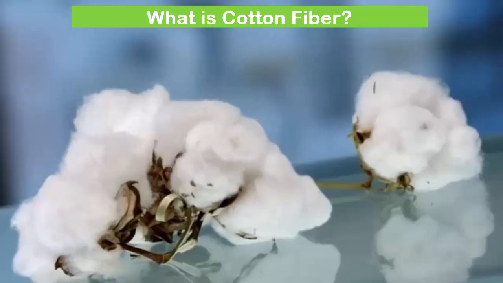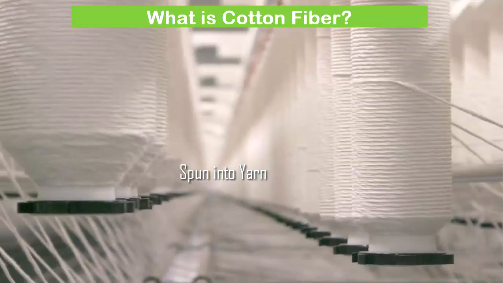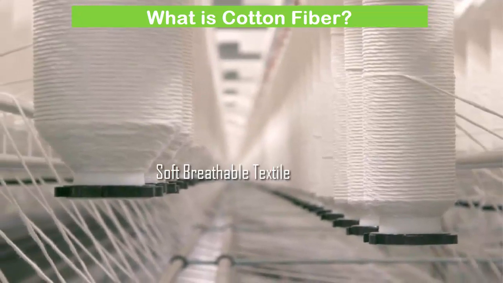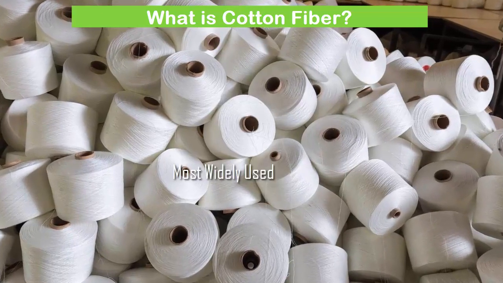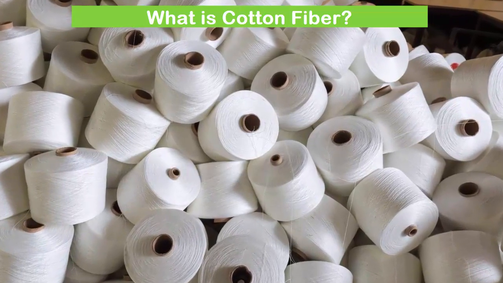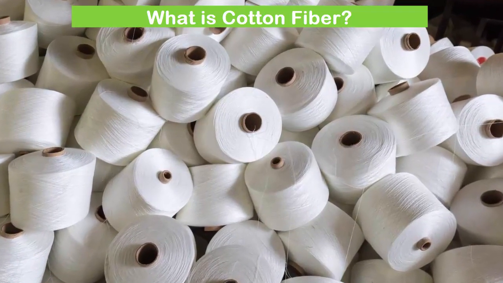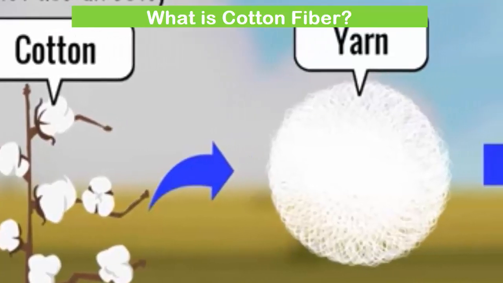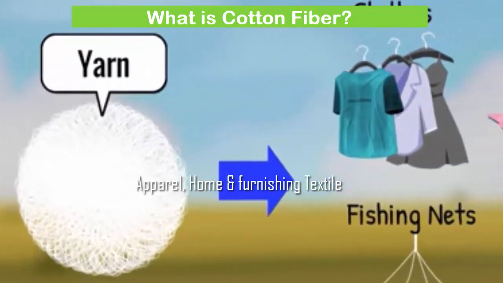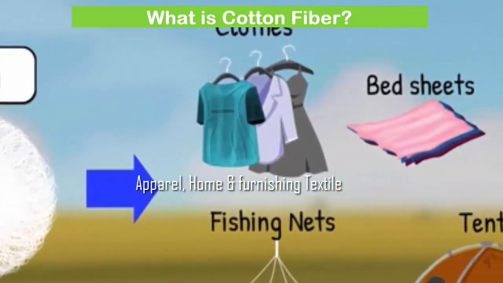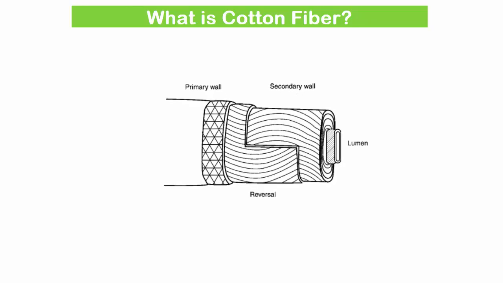The fiber is spun into yarn and used to make soft, breathable textile, which is the most widely used form of textile for clothing. Cotton is used mainly for apparel as well as for home and furnishing textiles.